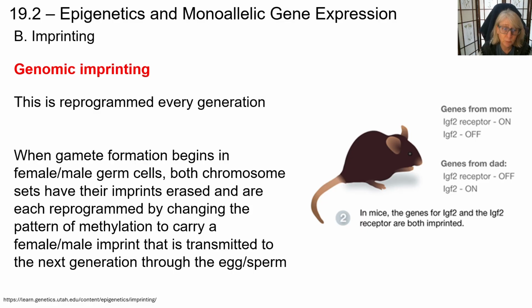During gamete formation, both chromosomes have their imprints erased from whatever you pass on. So you pass on something that is usable, whether you could have used it or not. And then the pattern of methylation is determined by whether it came from a sperm or an egg. That means it matters who your parents are, and then you decide whether you use those genes.